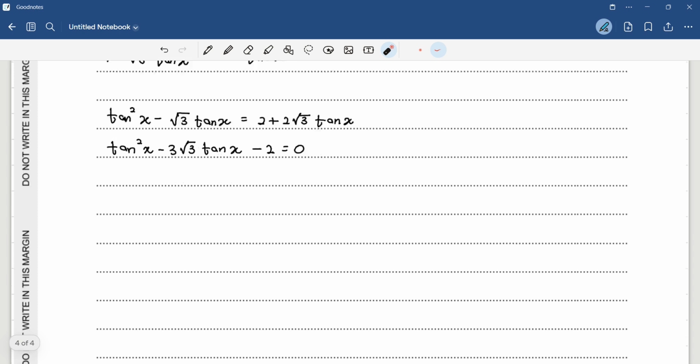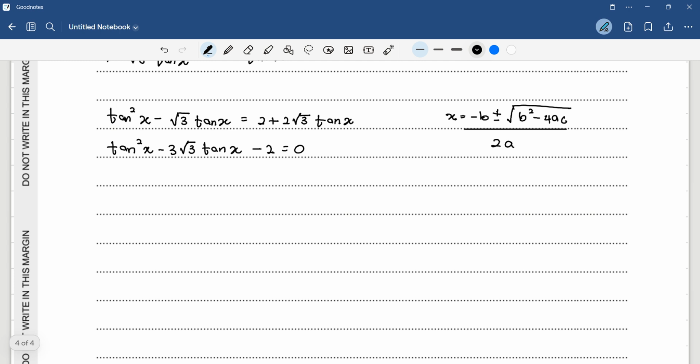This quadratic equation you cannot factorize, so we use the quadratic formula. If you still remember, the basic formula of a quadratic will be x equal to negative b plus minus square root of b square minus 4ac, over 2a.